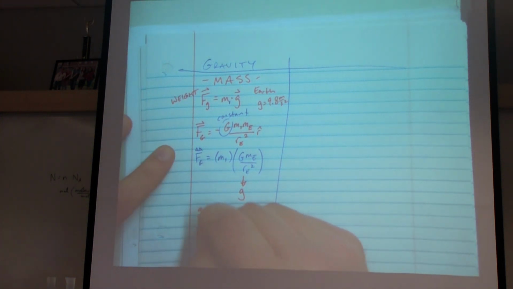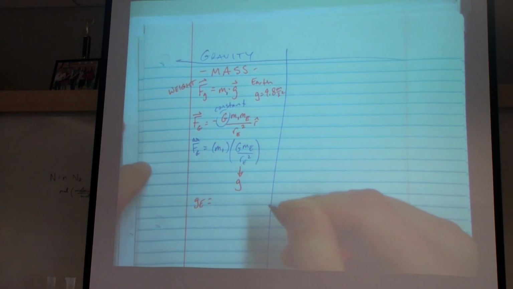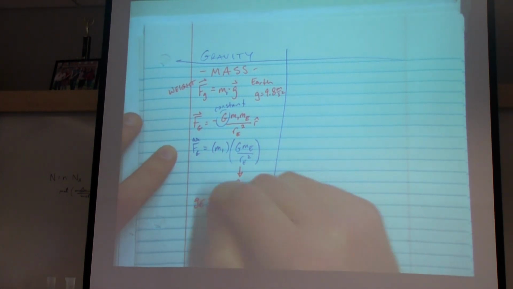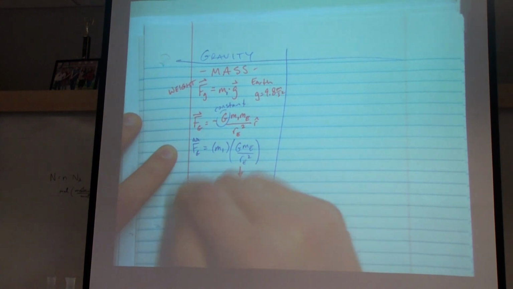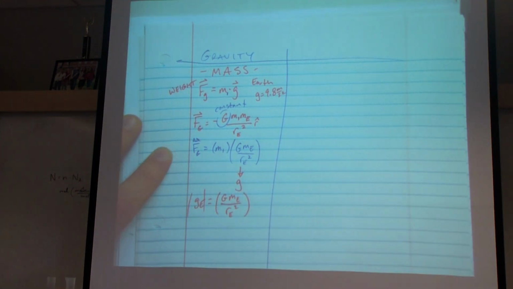So gE, not General Electric. Gravitational acceleration due to the mass of the Earth is GME, and again, just talking magnitude, divided by RE squared.